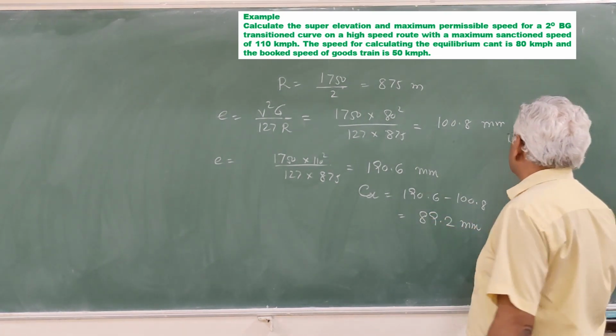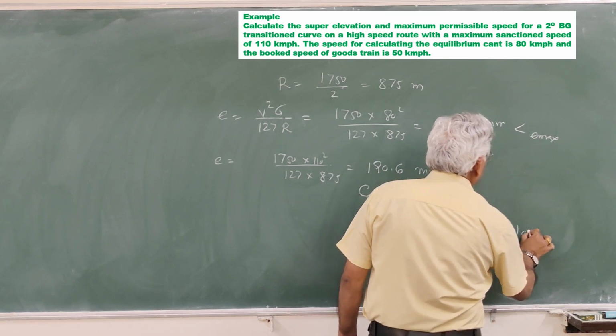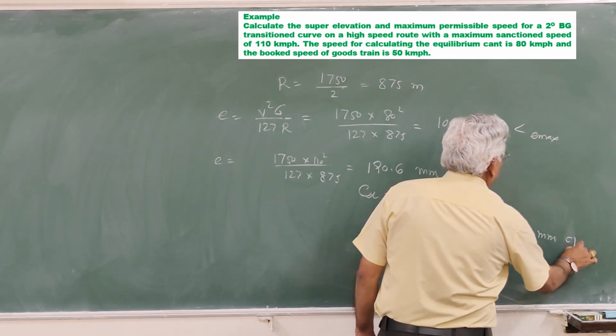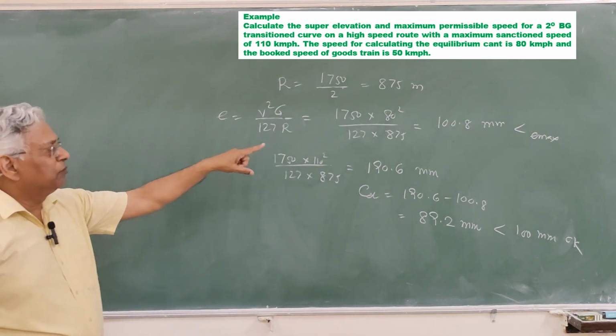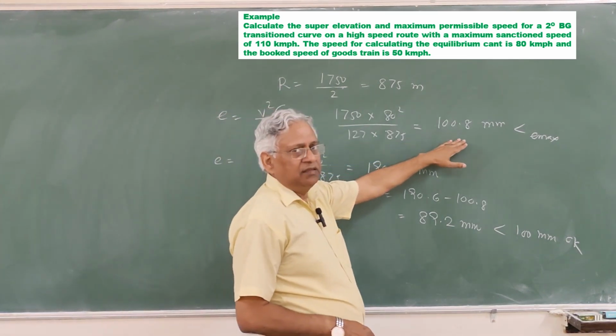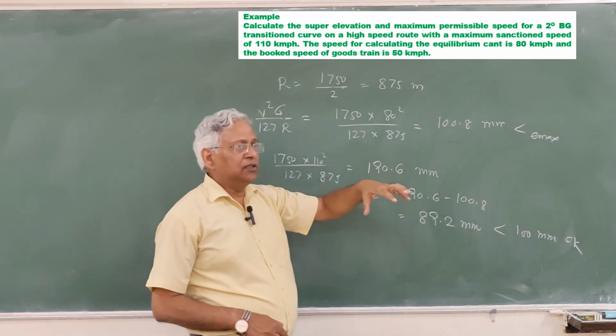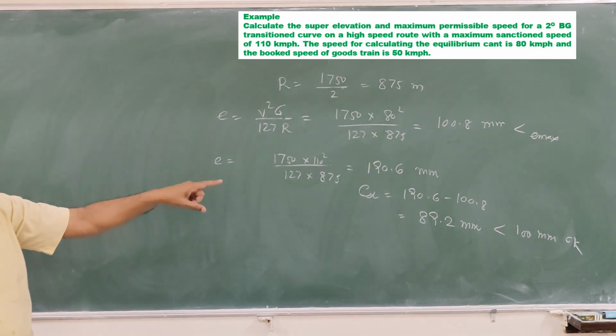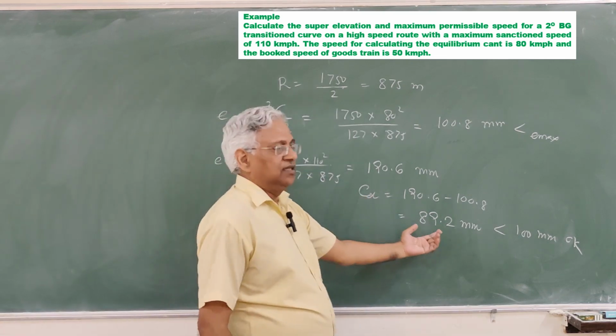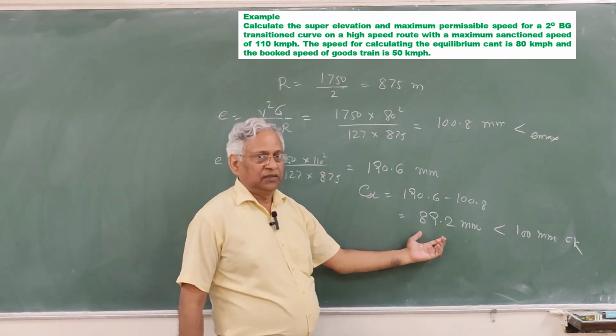And because it is less than 100 millimeter, so design is fine. Okay, that means, what does it mean? That even if you provide the Cant of 100.8 millimeter, it is possible to run the train at a speed of 110 km per hour with a Cant deficiency of 89.2 millimeter.